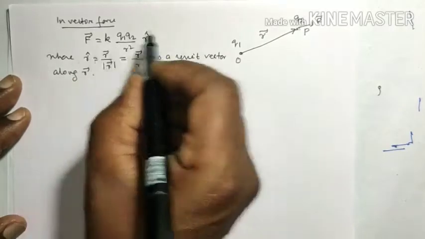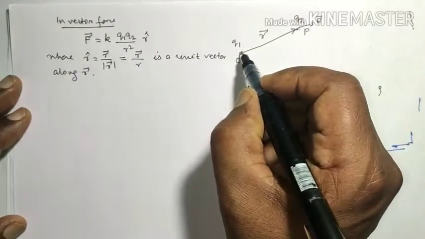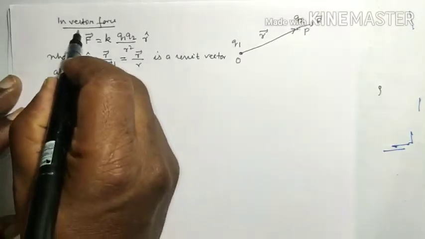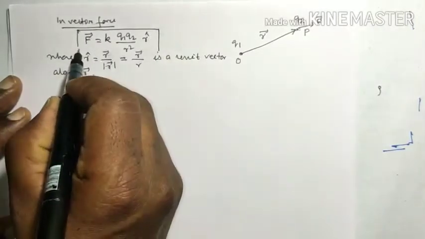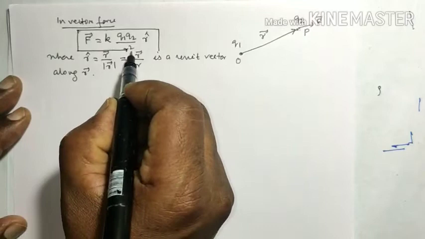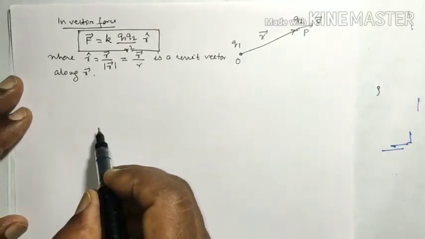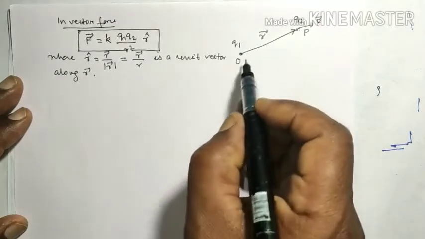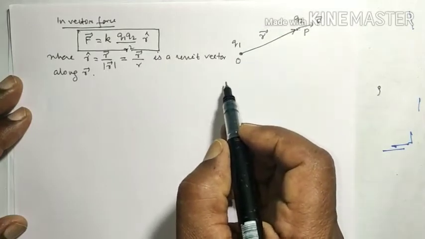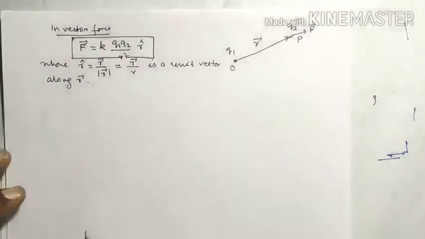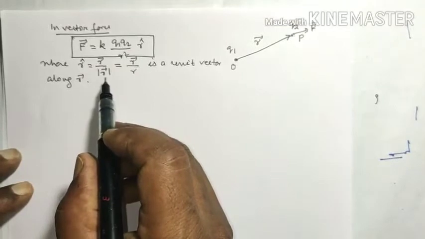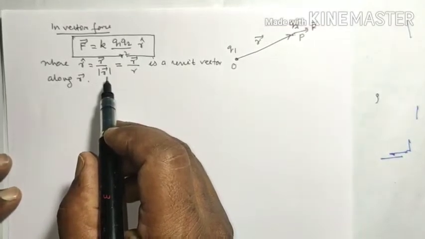So here F is the force on Q2 due to Q1. So this is Coulomb's law in vector form in which one charge is placed at the origin of the coordinate system. Q1 and Q2 have algebraic sign.